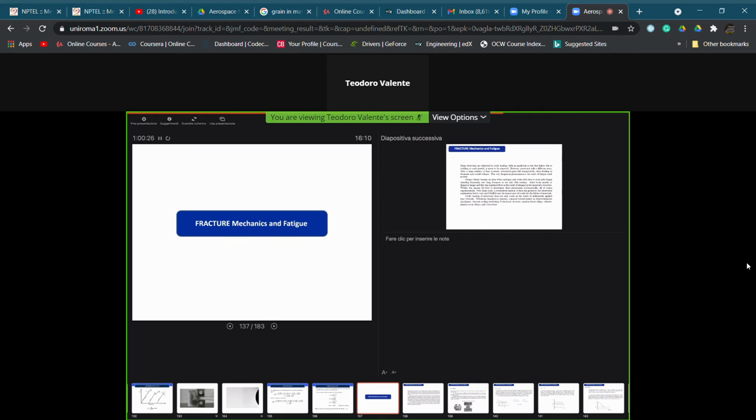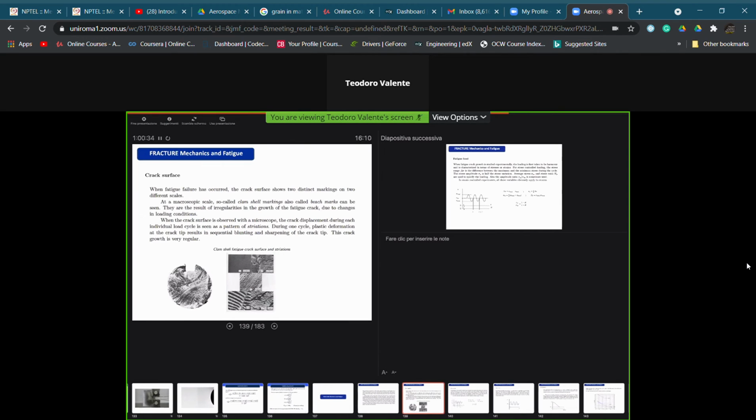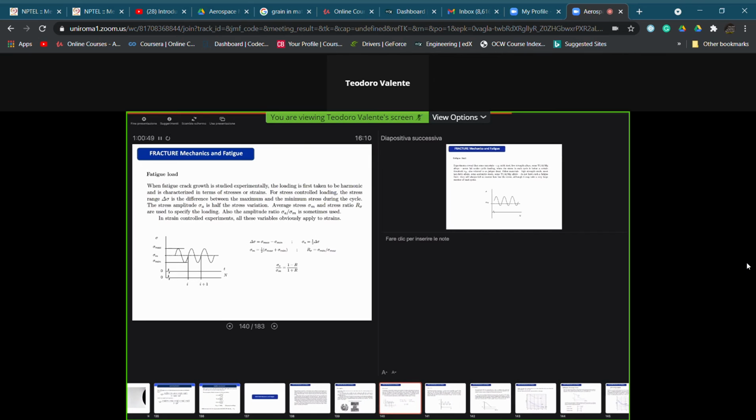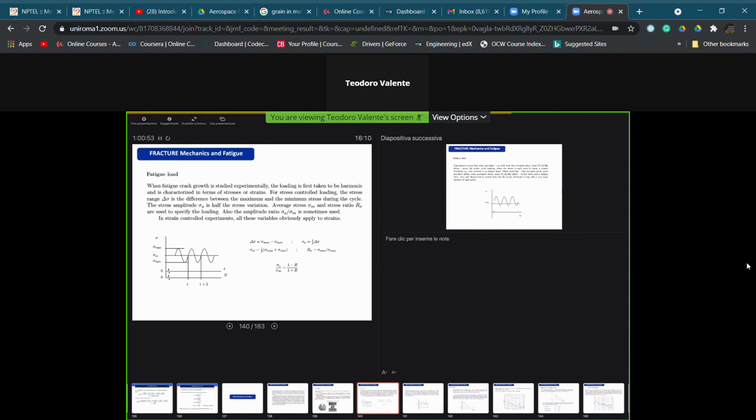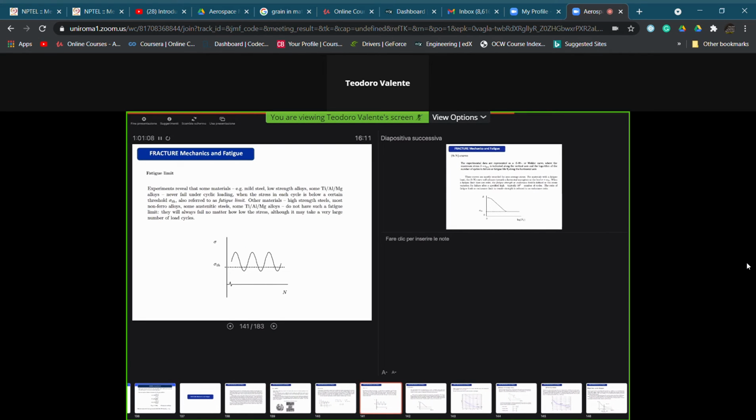I don't want to spend too much time on this because it has already been covered, just to refresh your memory about the particular features of a fracture of materials which is broken by fatigue, with an initial stable propagation of the crack and then an unstable propagation, about the definition of fatigue load in terms of amplitude, average stress, maximum stress, minimum stress, the ratio between the minimum and the maximum stress, and about the existence, as we discussed, of the potential fatigue limit, which is not existing for all materials, for all metallic alloys, for example.